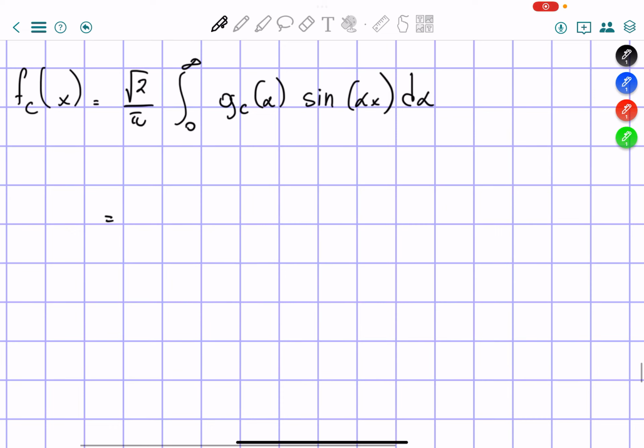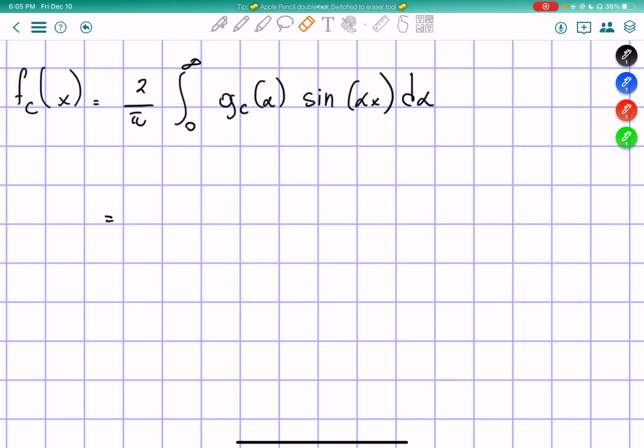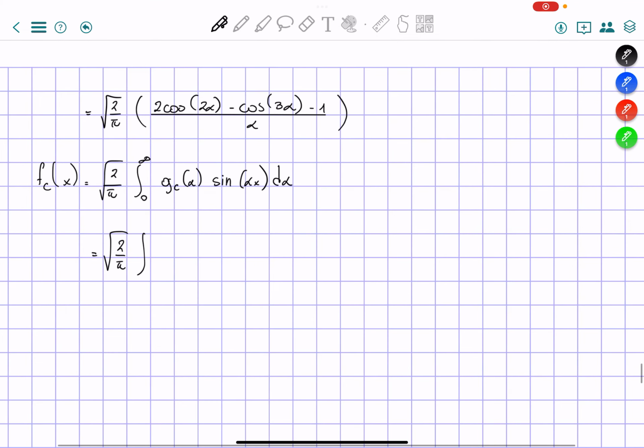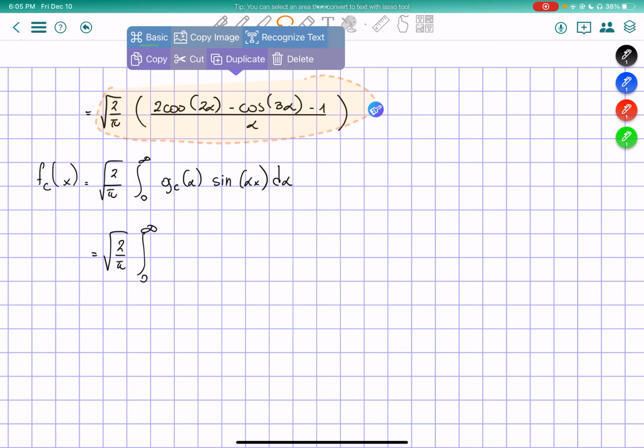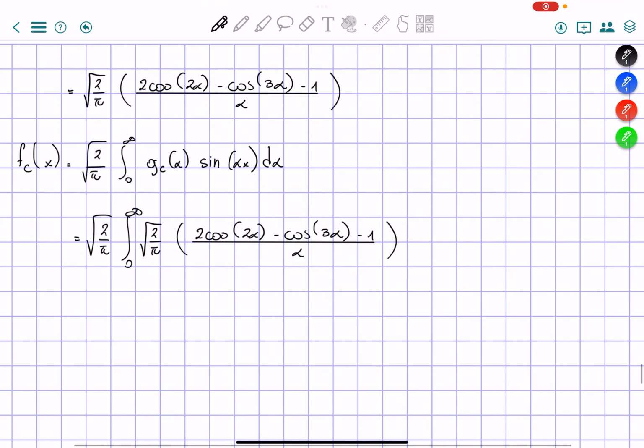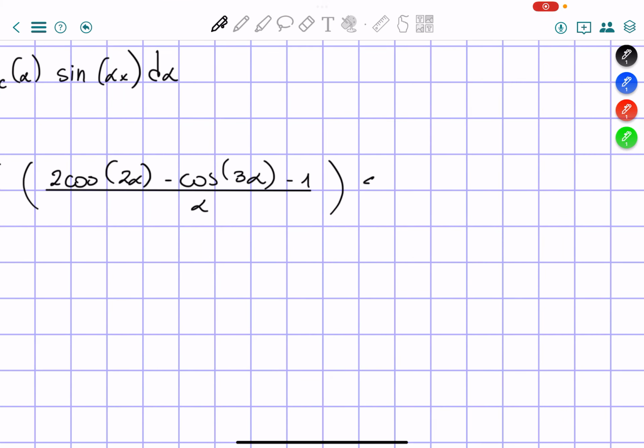Oh, I rewrote the mistake here. So square root of 2 over pi integral of our g from 0 to infinity, that was this part right here, sine of alpha x d alpha.